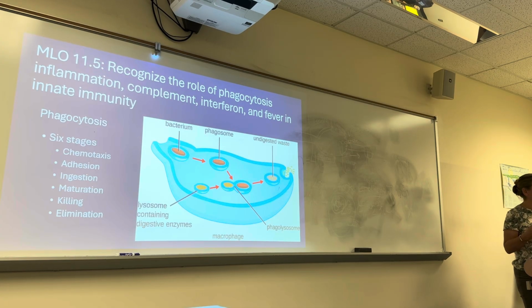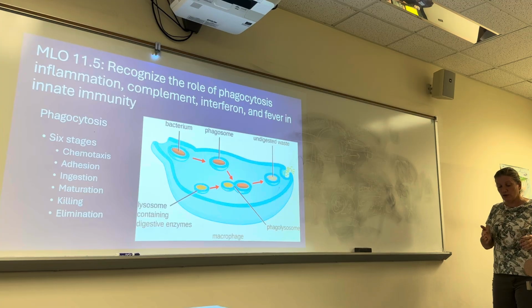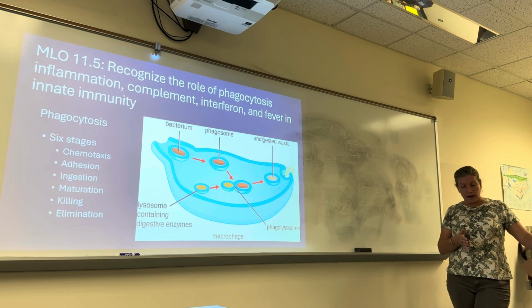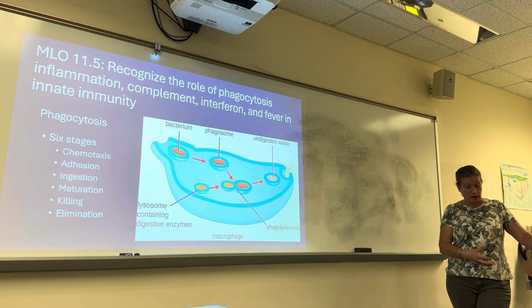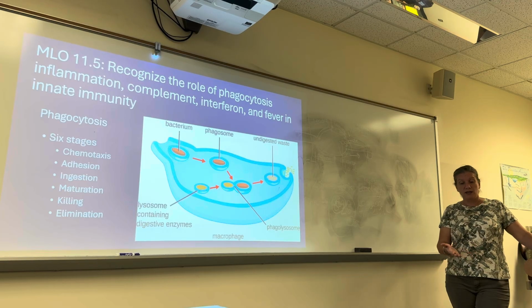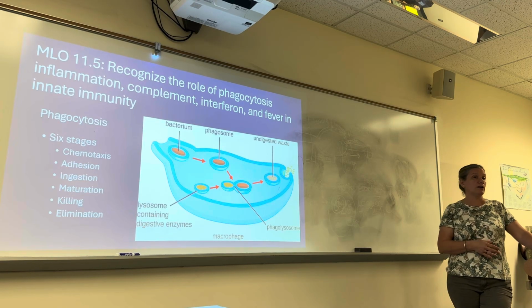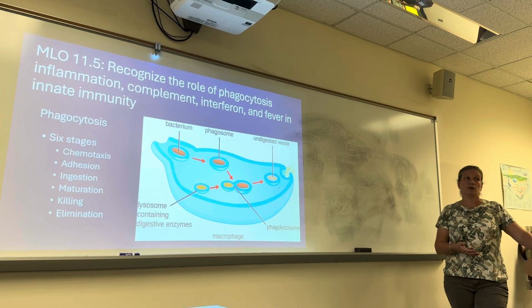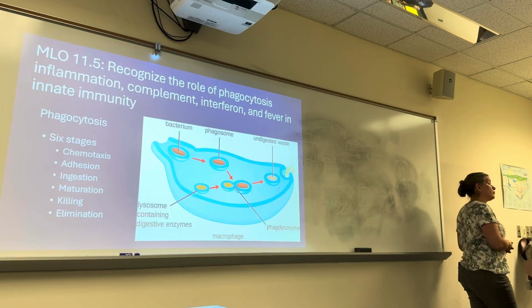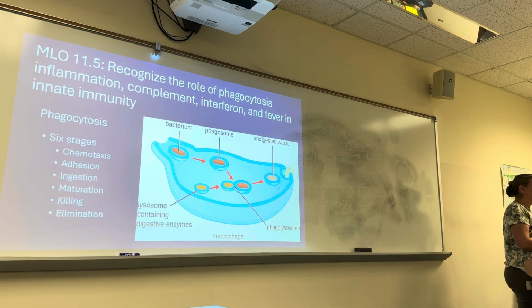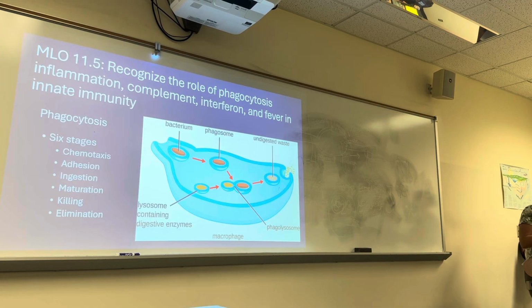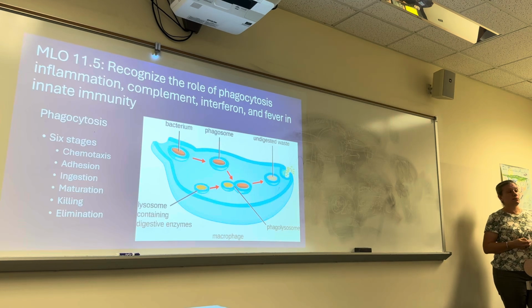Depending upon the particular receptor, they are either inserted into the outer membrane of the cell, or they might be inserted into a membrane of a vesicle within the cell. Okay, it depends upon the particular toll-like receptor. But the toll-like receptors are going to bind to those pathogen-associated molecular patterns called PAMPs. Okay, and what are the PAMPs?